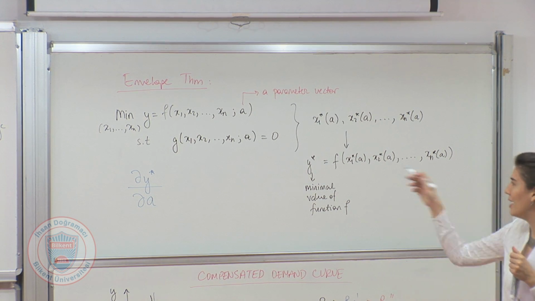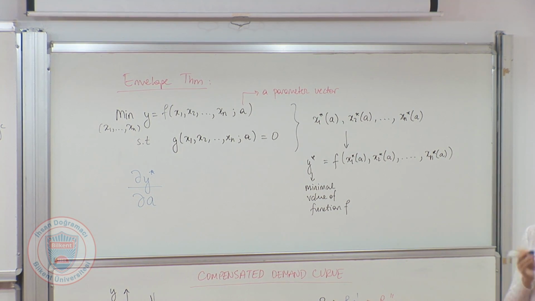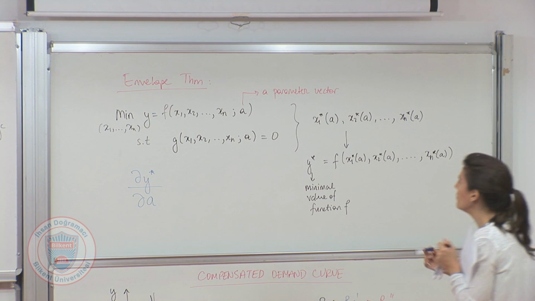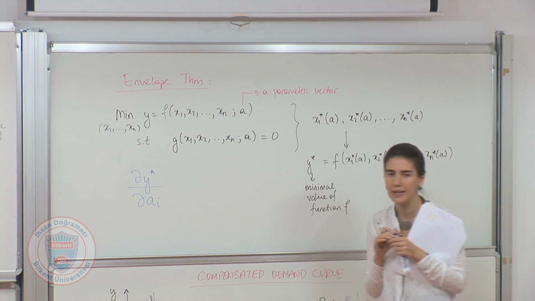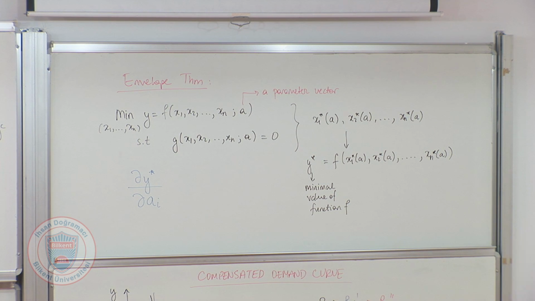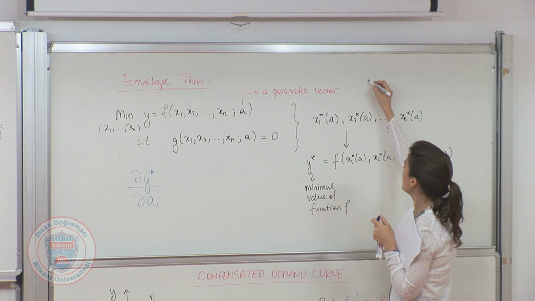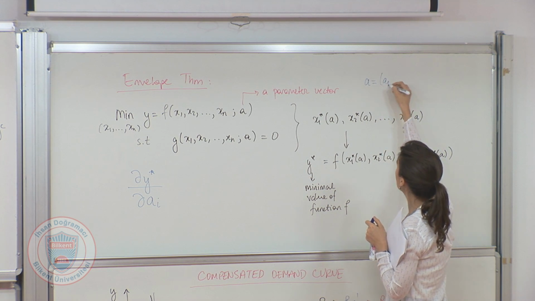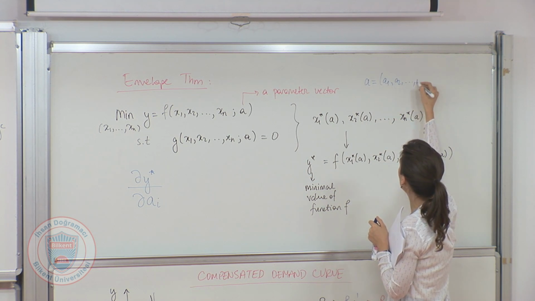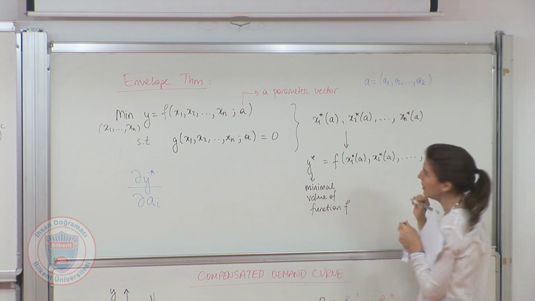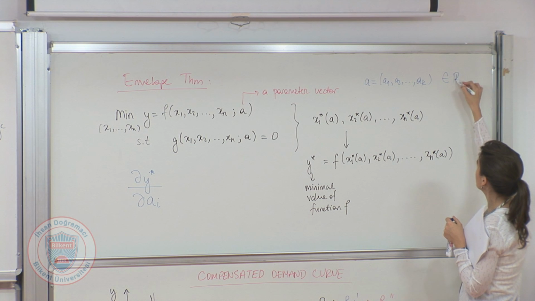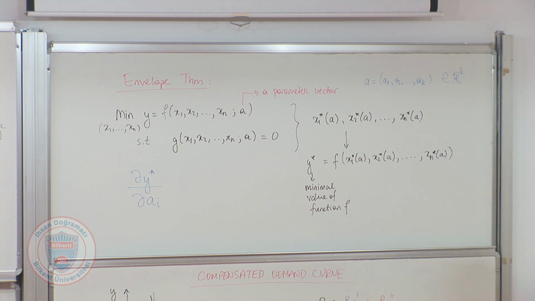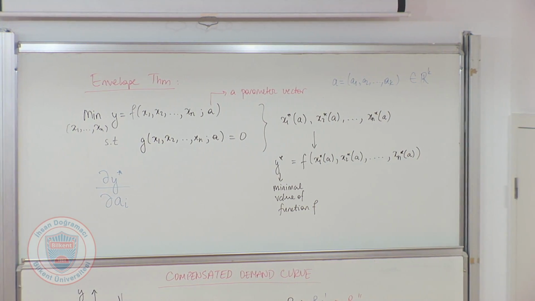Or suppose, if you want, you can call it a scalar, or one of these parameters, ai, whatever, with respect to one of them. So you can say a is a vector, a1, a2, dot, dot, dot, ak. So it's a parameter vector, whatever, okay?